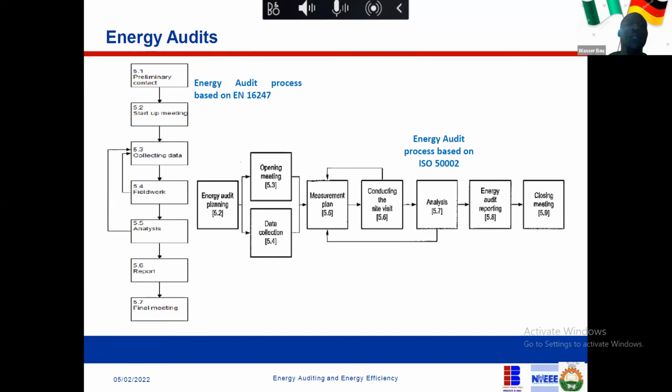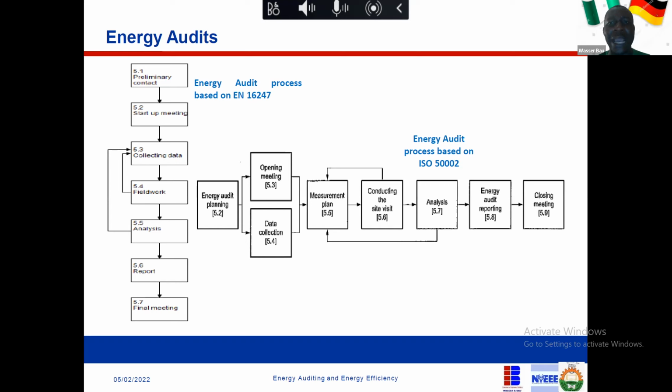If you look at the one on your left, which is the EN standard, after the preliminary contact, the next thing is to schedule a startup meeting. There must be a startup meeting between you and the organization. You don't just walk in and say, MD has signed me, I have collected an award letter, I have discussed with the managing director and he said I should come and audit this firm. It is not done that way.